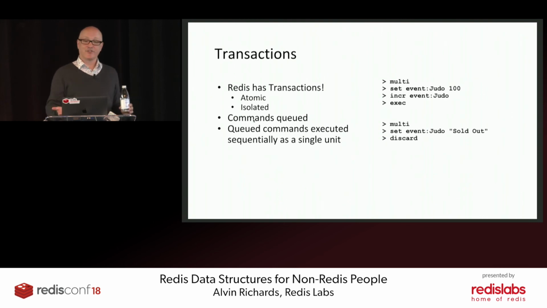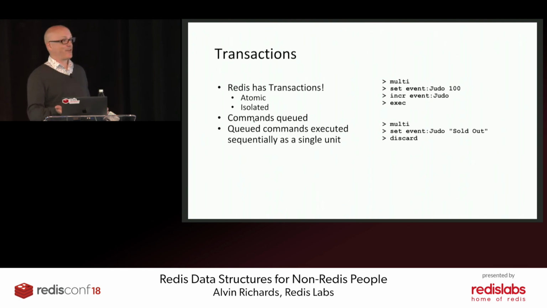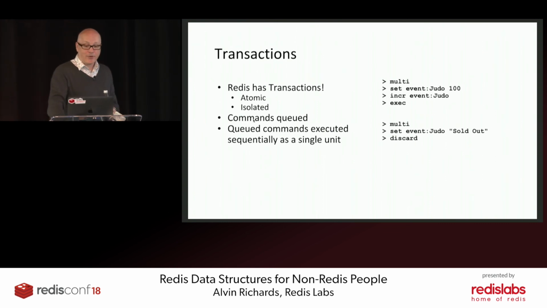So Redis has transactions. Is this a surprise to people? Sort of. No. Okay, so what Redis can do, as we can see on the right-hand side, you start a transaction with the multi command. We then can do a number of operations. I'm doing a set and I'm doing an increment, and then I do an exec.